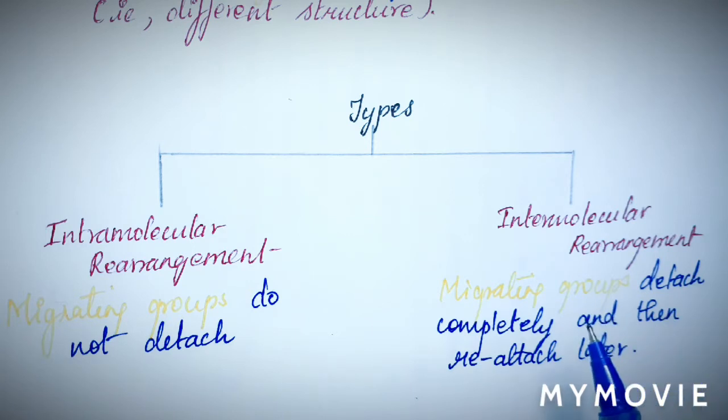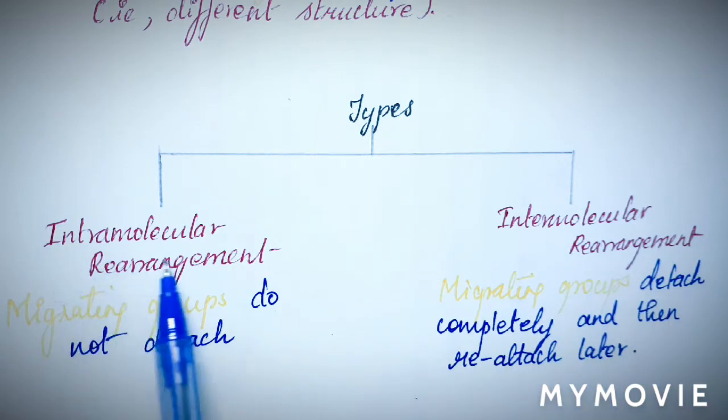You are going out to take part in different competitions. The same happens in this case also. The migrating groups will go out, that is, they will detach themselves from the substrate and go out, then they recombine. Only the migrating groups will recombine, leaving the rest of the compound behind. That is the intermolecular rearrangement.